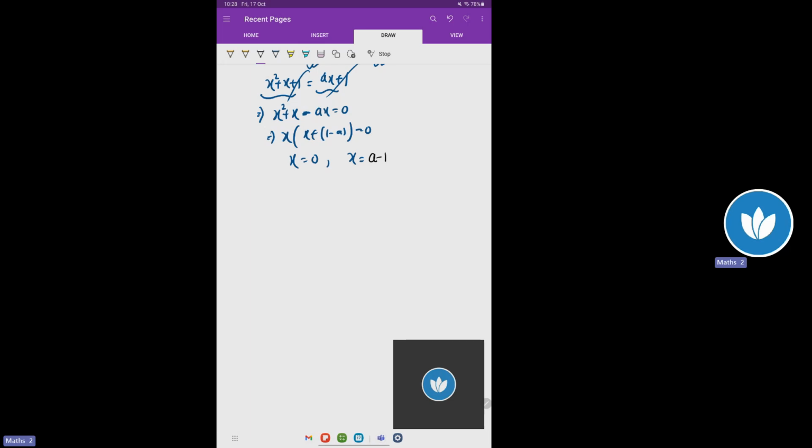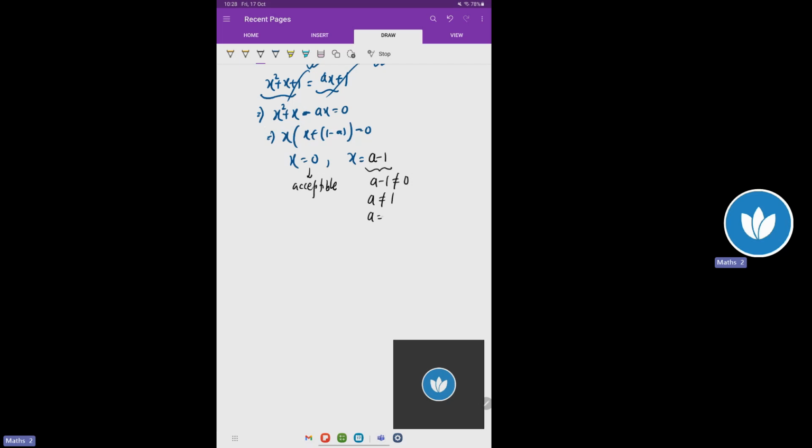Now what they are saying in the question is both should be distinct actually. Obviously x equal to 0 is an acceptable solution. If both are distinct, this should also be acceptable. So a minus 1 should not be 0. So a cannot be 1.